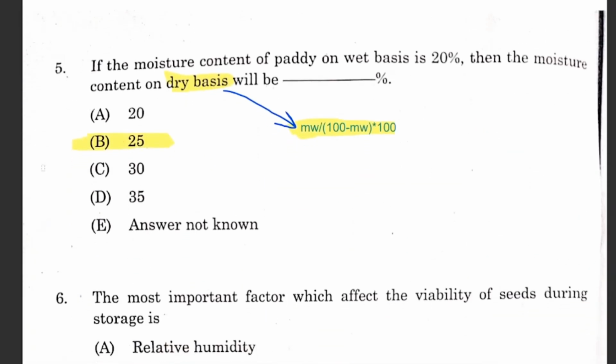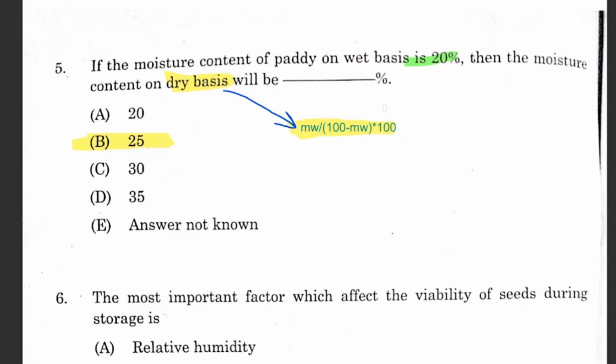Next question: if the moisture content of paddy on the wet basis is 20%, then the moisture content on dry basis will be? We know the relationship between dry basis and wet basis: dry basis is equal to moisture content on wet basis divided by 1 minus moisture content on wet basis, into 100.